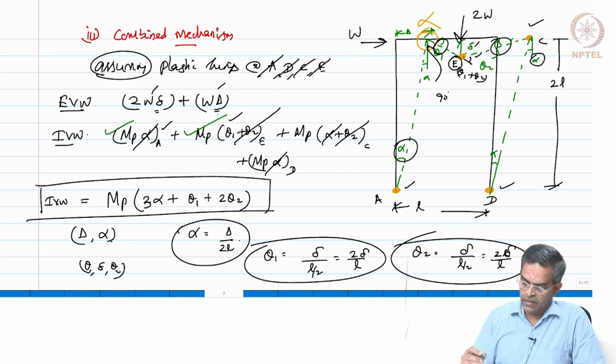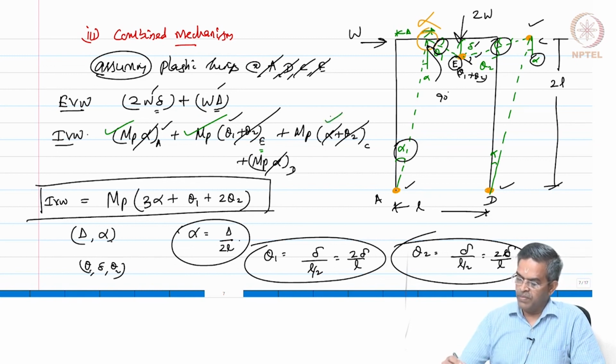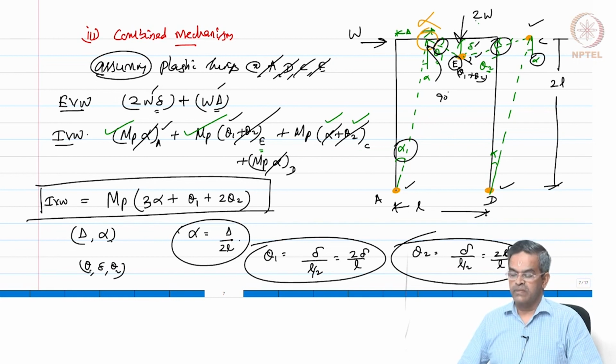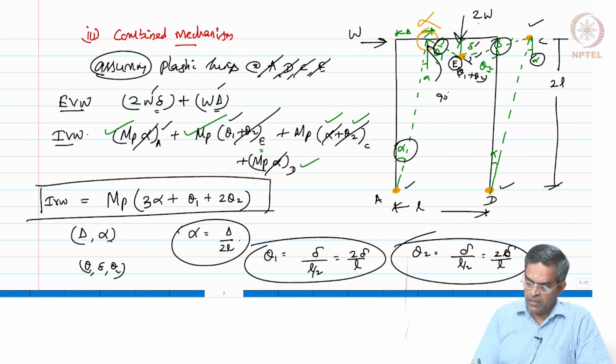Then again at C you have 2: one is MP for alpha, the other is MP for theta 2. We do know that these inclinations will not be equal because the load is eccentric. It is not at the concentric position of the beam. Then the fourth one is MP alpha at D. So, this gives me the internal virtual work.